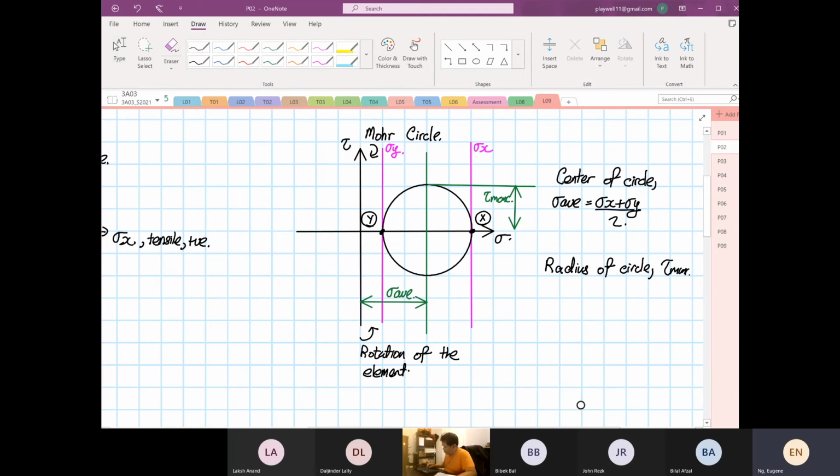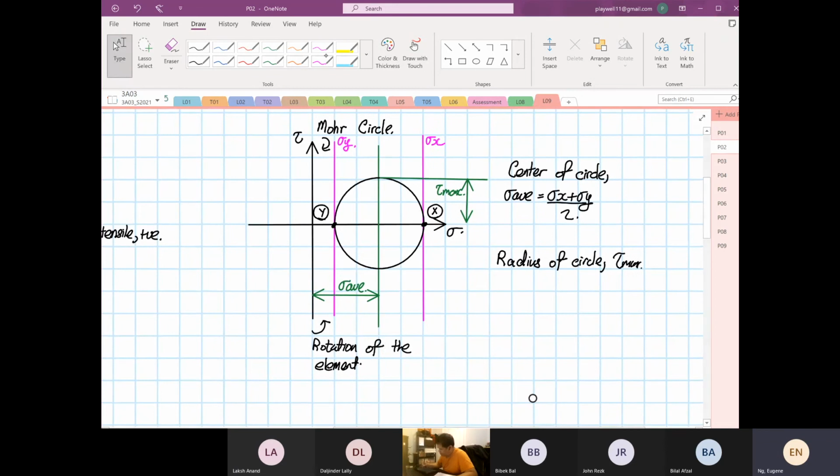Okay, and since we are here already, I'm going to introduce you 2 points over here. This point over here, I call my stress 1 point, and this point over here is our stress 2 point. It does not matter which one I call 1 and 2. I can flip this over. If you want to call stress 1 on the left hand side, nothing is wrong with that.